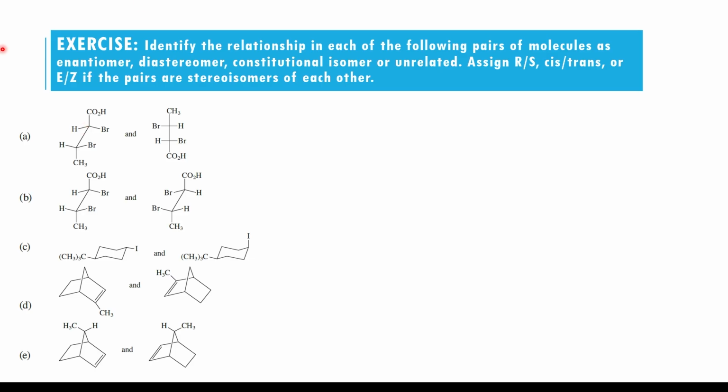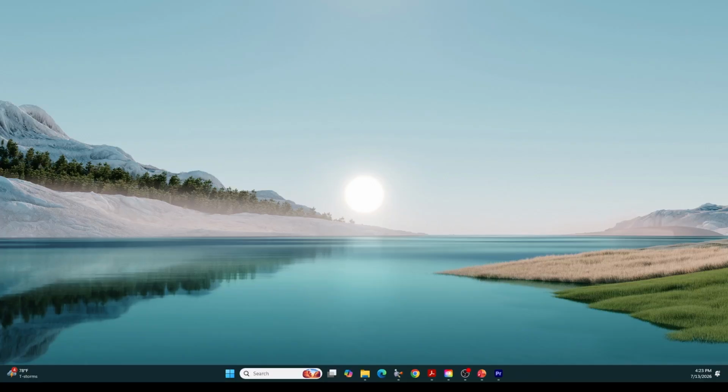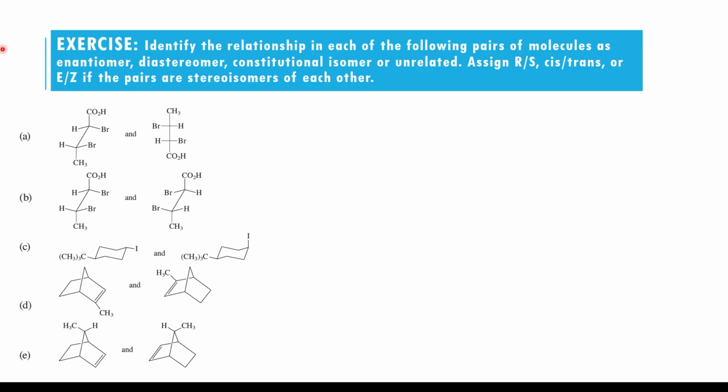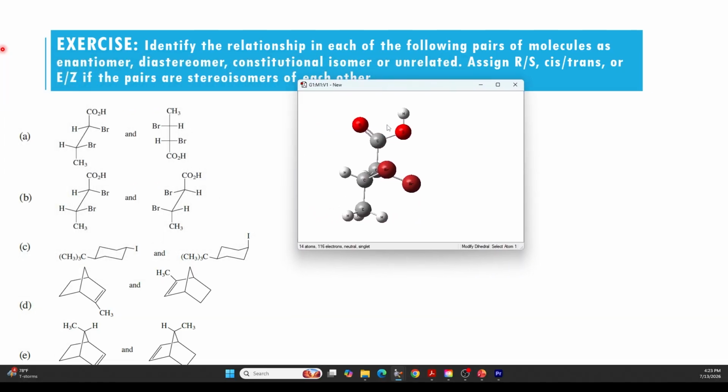In order to do that, we need to use a real model, and I'm going to bring here the real molecular model of the first molecule and how it looks in 3D. So in sawhorse representations, two bonds, like this carboxylic acid's carbon and this chiral center's carbon, are parallel to the plane of the screen.